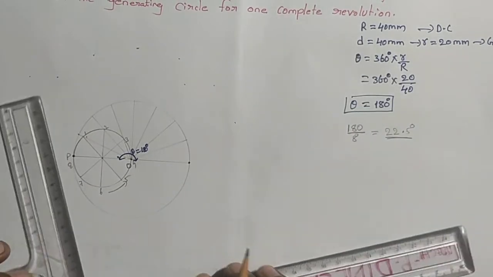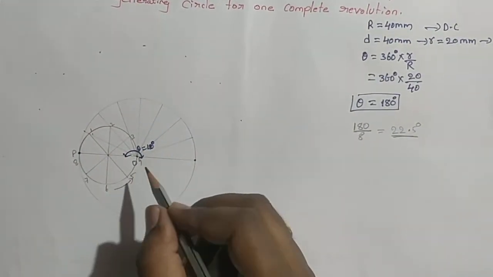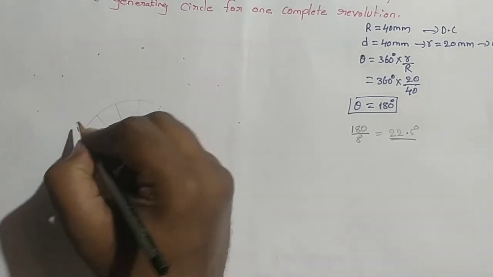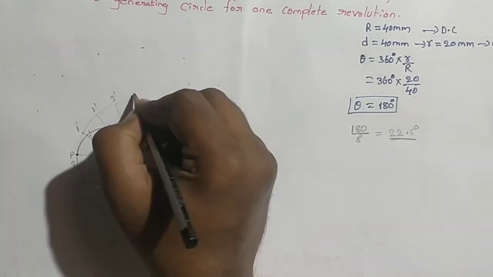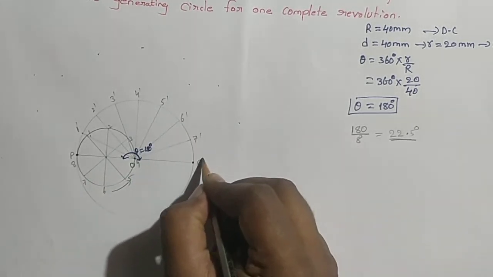Now the circle is divided into 8 equal parts, so these points are 1 dash, 2 dash, 3 dash, 4 dash, 5 dash, 6 dash, 7 dash and 8 dash.